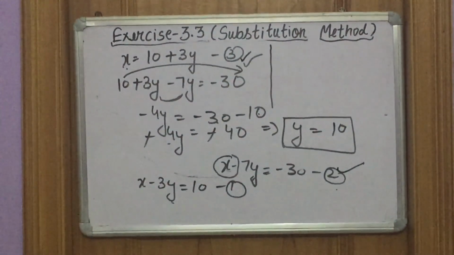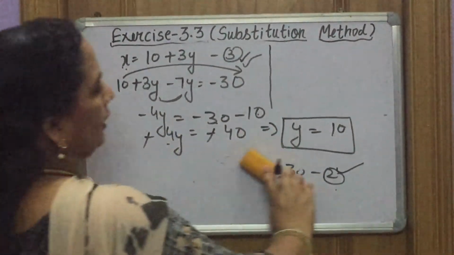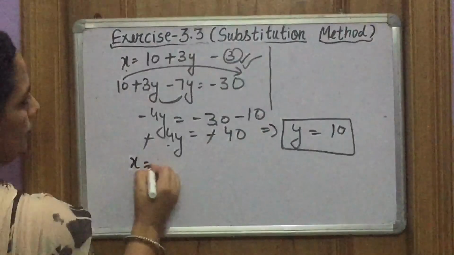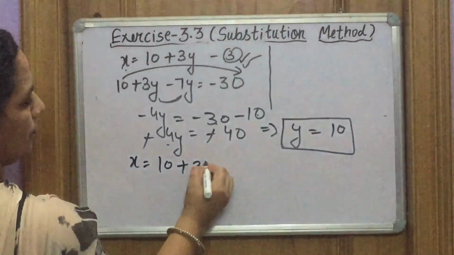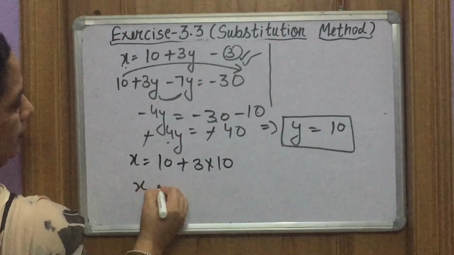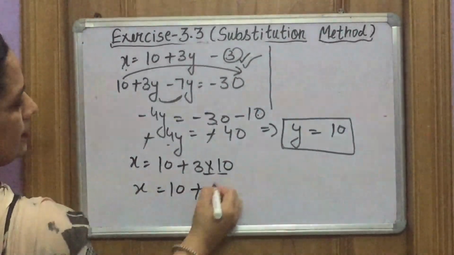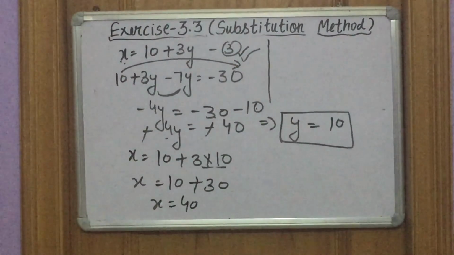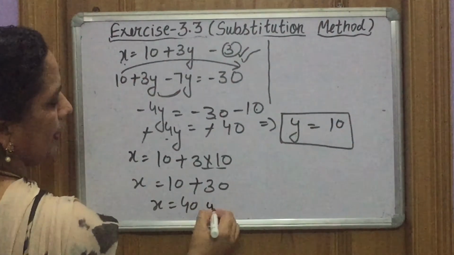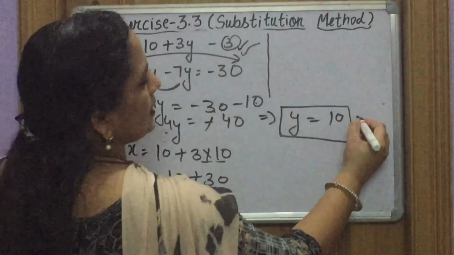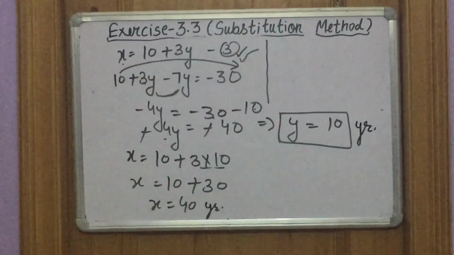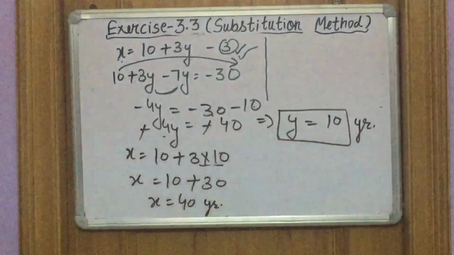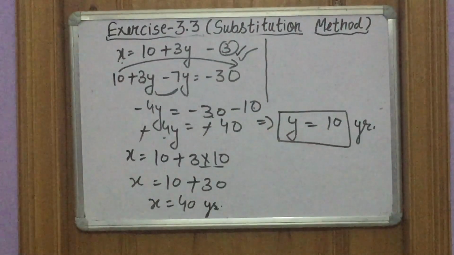So we will write here, put the value of y in equation number 3rd, then 10 plus 30, so x is 40. So the age of Jacob is 40 years and the age of his son is 10 years. This is our question. We found the values of x and y by using the substitution method.